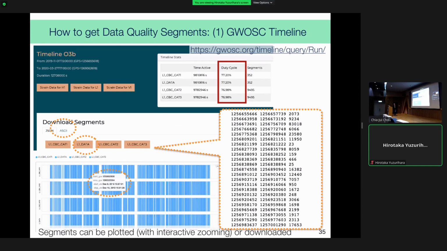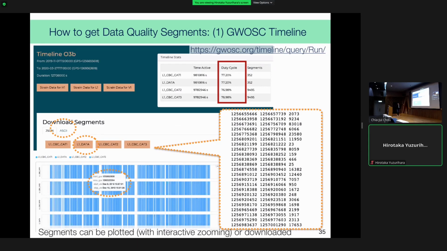If you want to see the concrete values, please select this ASCII and this L1, and push L1 data. This kind of text data will be displayed: from the left side, starting GPS time, ending GPS time, and duration, which is how long it continues.